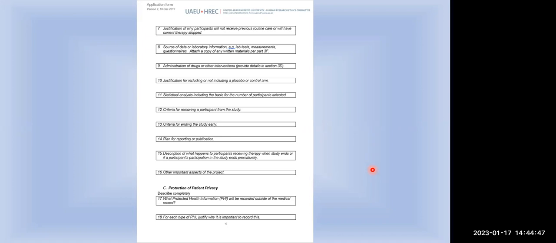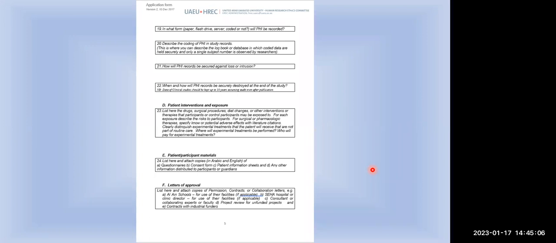Then comes the most important, the protected health information, PHI, and how we protect patient privacy is very, very important. This is a very important ethical issue, and this includes many questions for protection of patient health information.